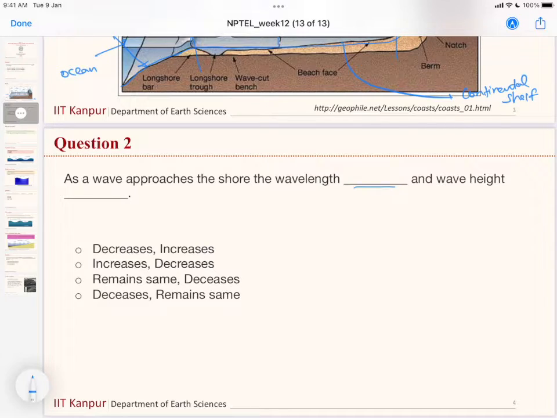If you see the deeper ocean, it acts differently, and if they come at the beach, they behave differently. Why there is a difference in the behavior is a crucial thing to know.